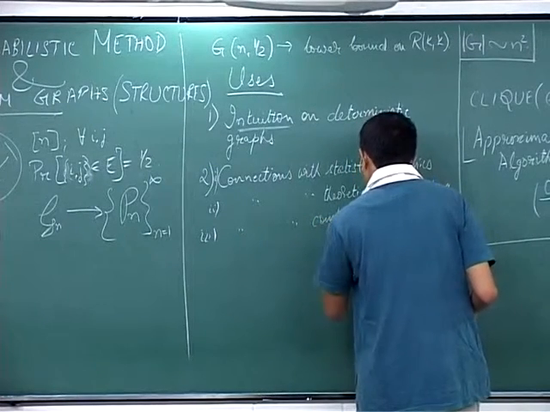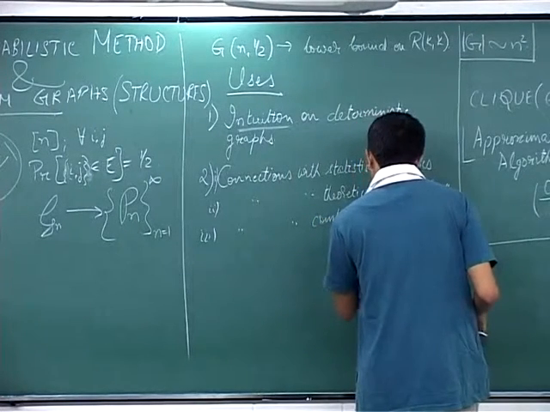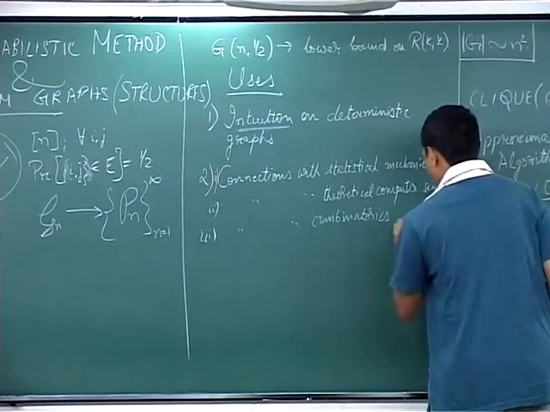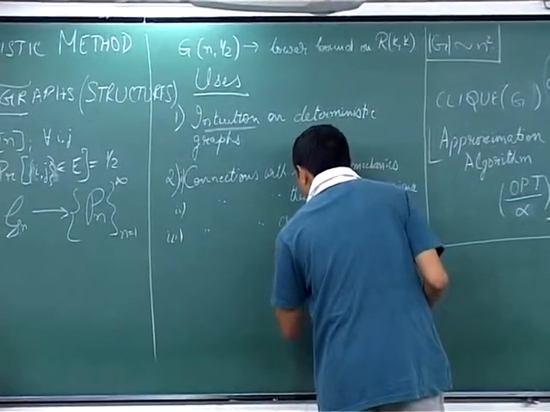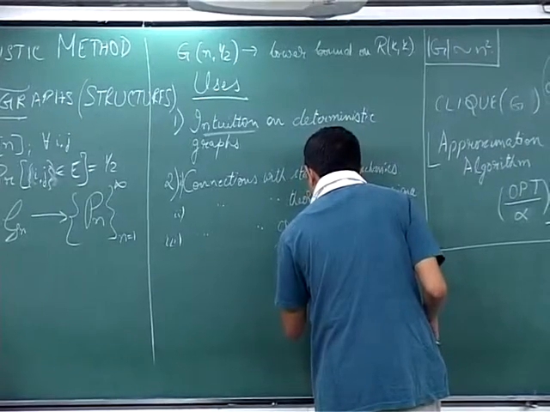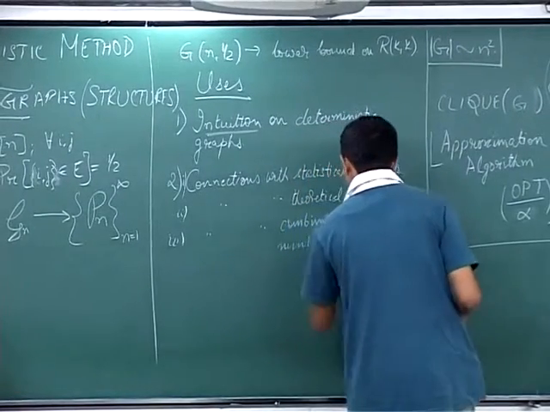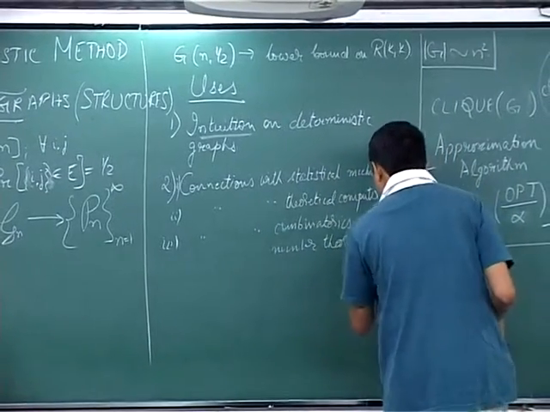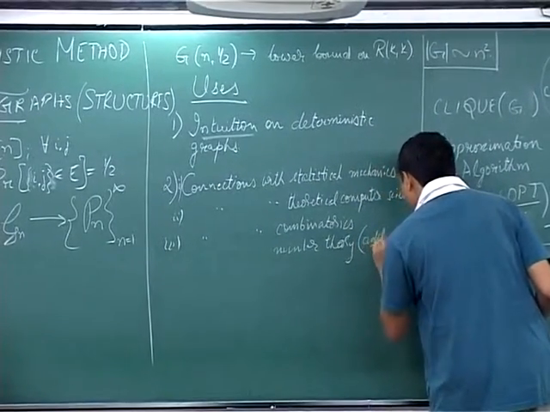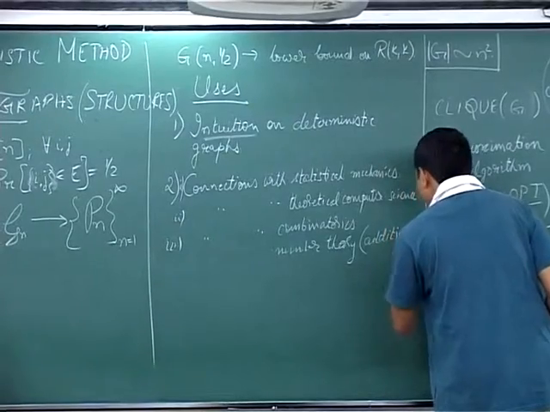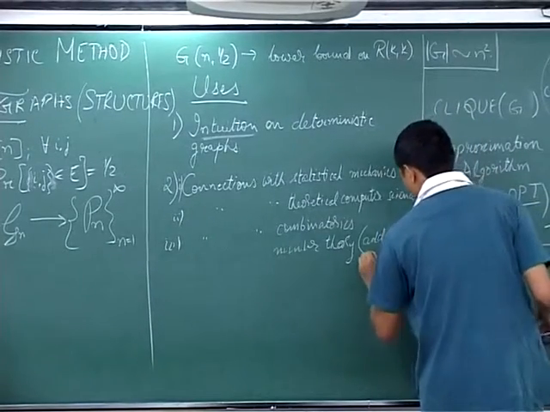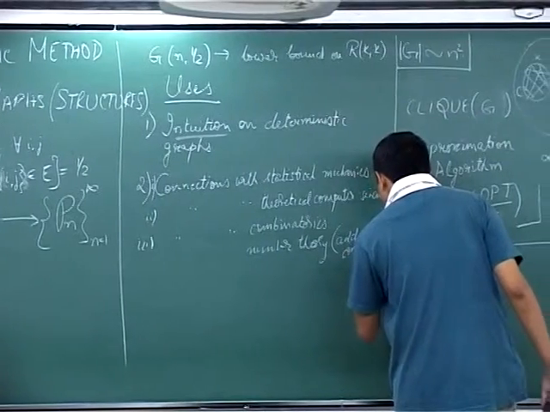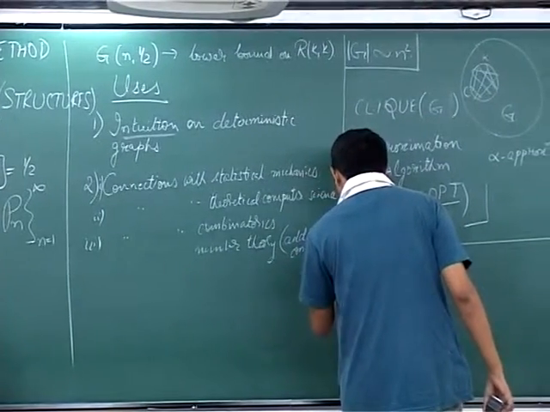There are connections with number theory, especially additive combinatorics. So additive combinatorics is actually number theory, it's not just combinatorics.